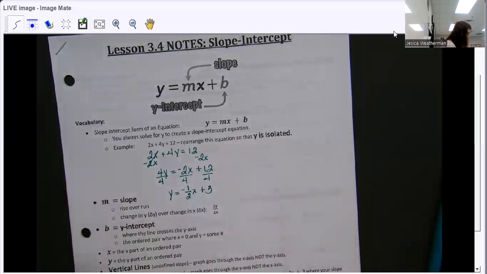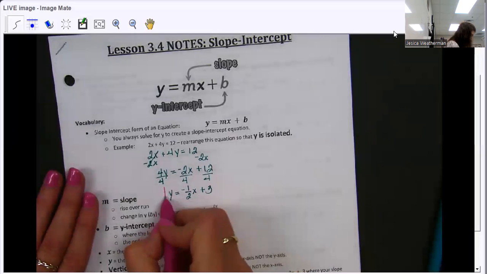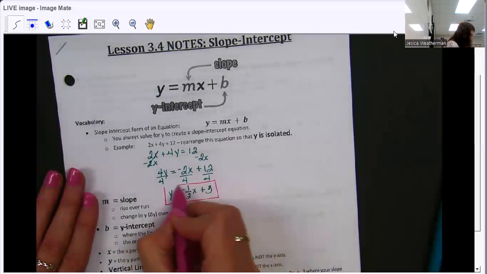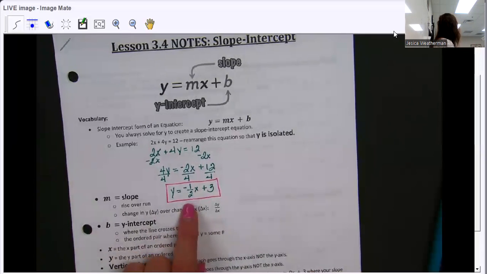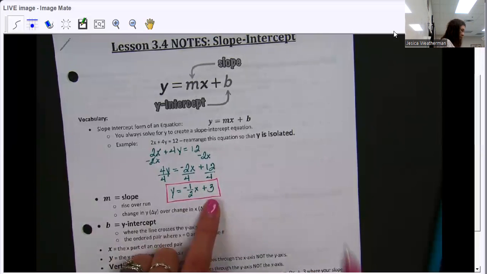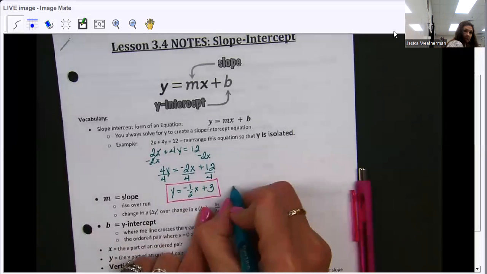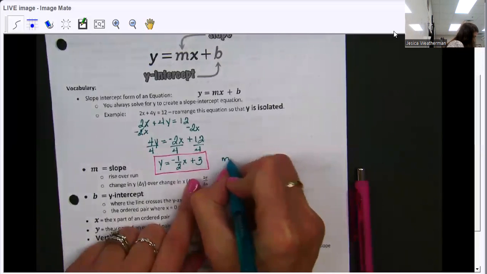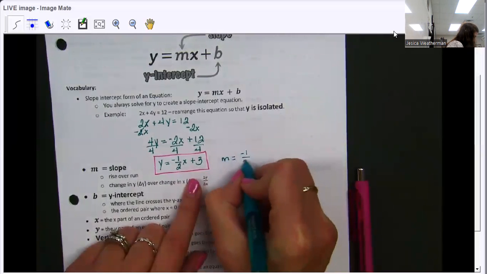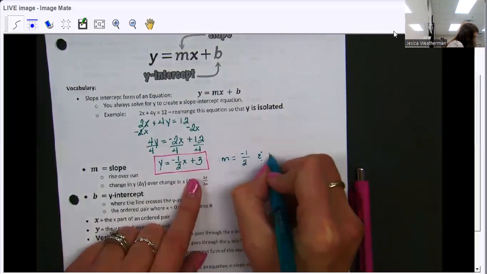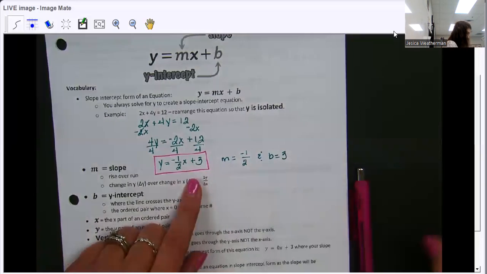And so then this is your slope intercept equation. Negative 1/2 represents your slope and 3 represents your y-intercept. Or another way to say it is that m is negative 1/2 and b is 3.